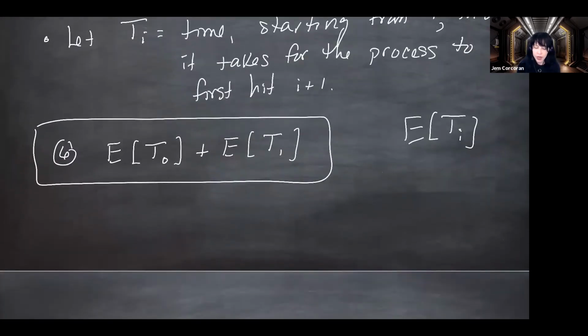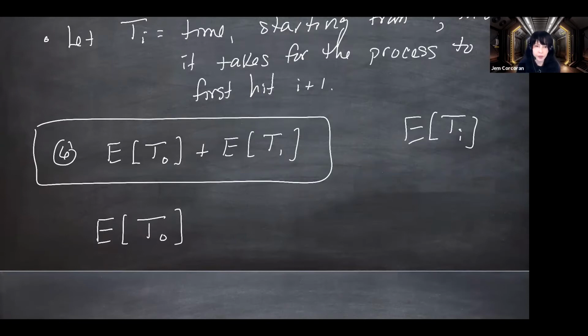Okay, it's going to be recursive. We know that if there's 0 people in the system, the expected time until it jumps to 1 is going to be an exponential amount of time.